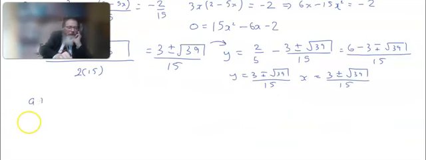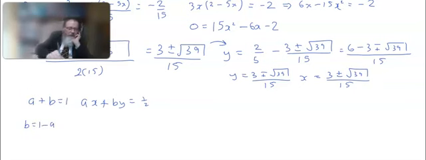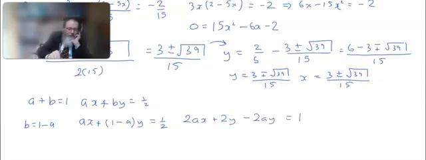Now, a plus b equals 1, and ax plus by equals a half. So b equals 1 minus a from this statement here. So I put it into the other one, and I get ax plus 1 minus a y equals 1/2. So I get 2ax plus 2y minus 2ay equals 1.